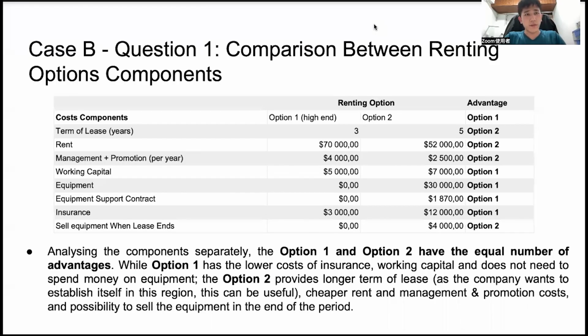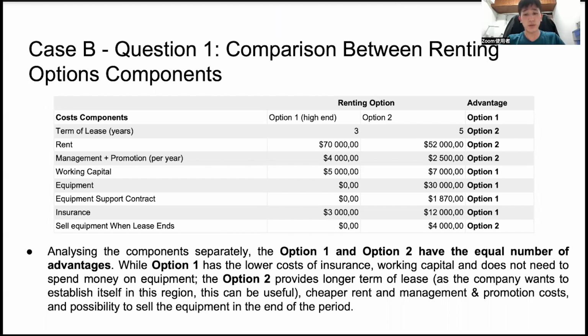Okay, starting with case B, the first question requires us to do a comparison between renting options. The table provided is a summary of costs for both options. By analyzing the components separately, option 1 and option 2 have an equal number of advantages. Option 1 is located at a higher-end shopping center compared to option 2 and has lower cost of insurance and working capital, and does not need to spend money on equipment.